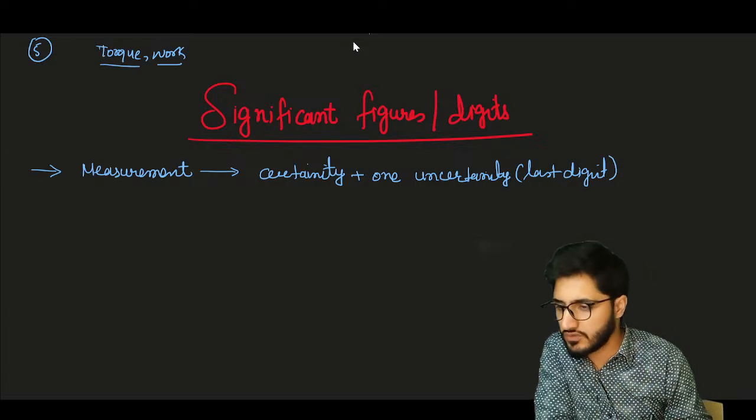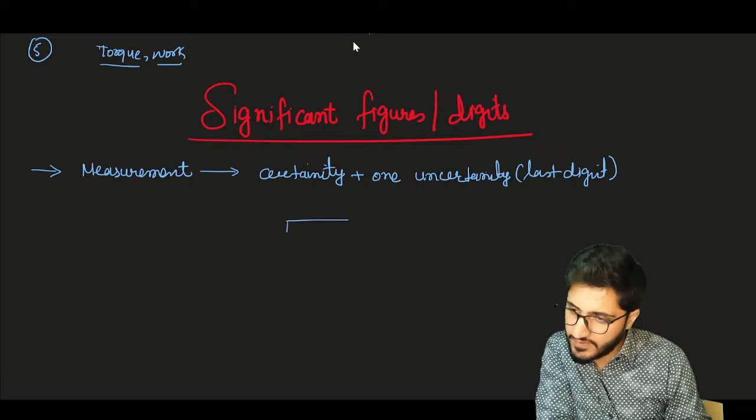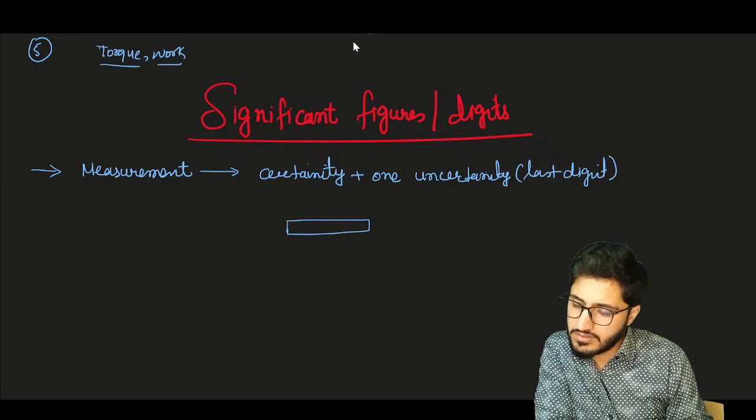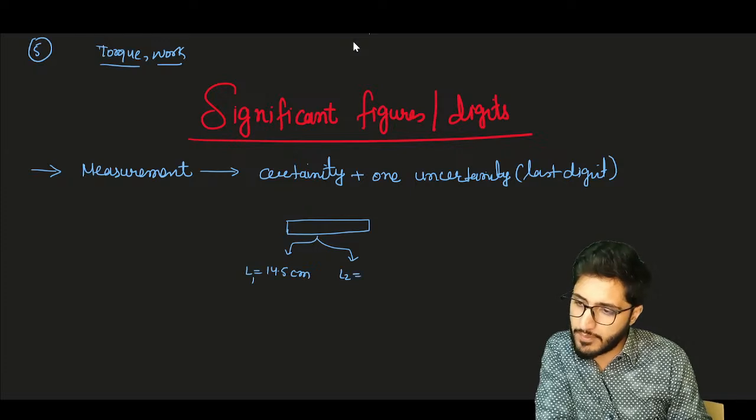Let us suppose we got some sort of stick from the market. When we measure its length, it came out to be 14.5 centimeter. In the second calculation, L2 came out to be 14.4 centimeters. Then L3 came out to be 14.6 centimeters.